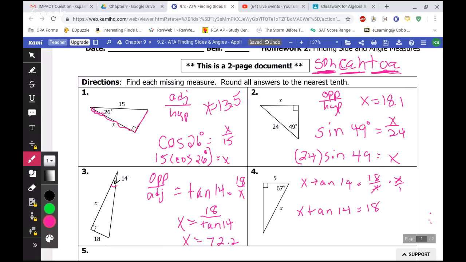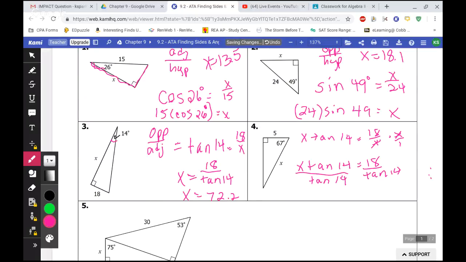Well, to get x by itself, when it's attached to something, you have to divide by whatever's attached to it. So even if you worked it completely out algebraically, you'd still be okay. But it's nice to know that there's a shortcut. You know what I'm saying? But there's the algebraic proof of why that works.